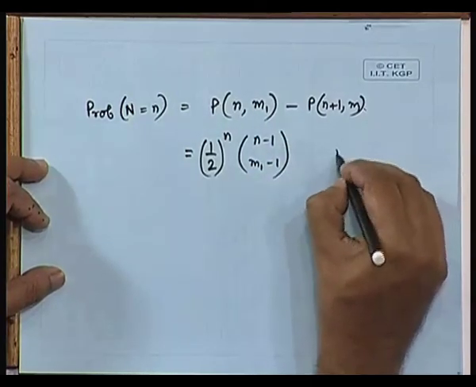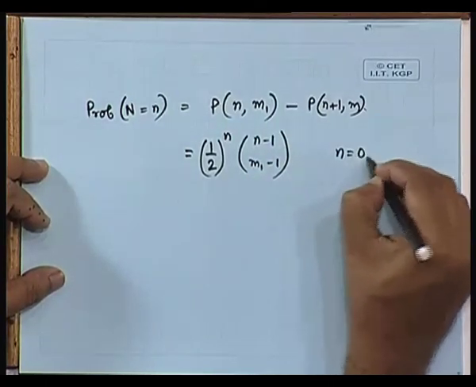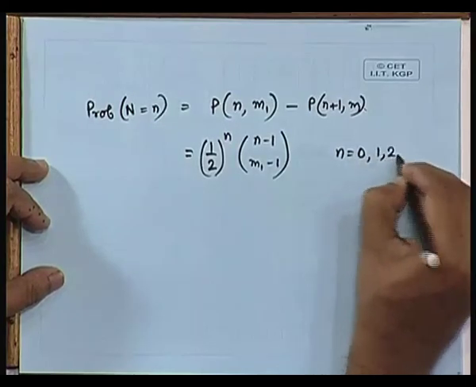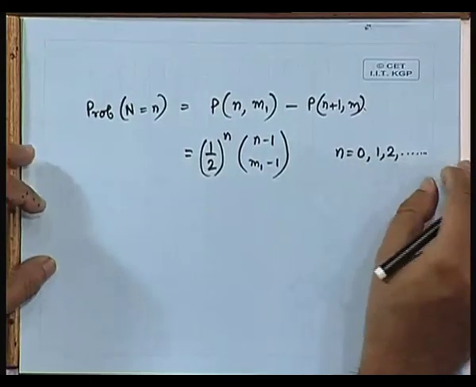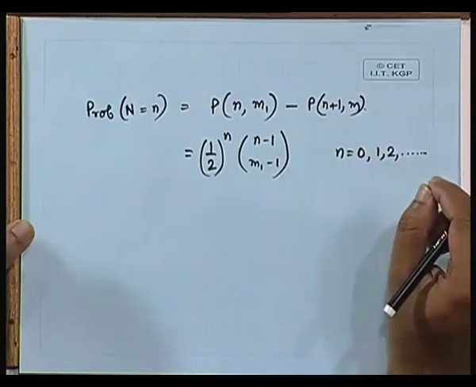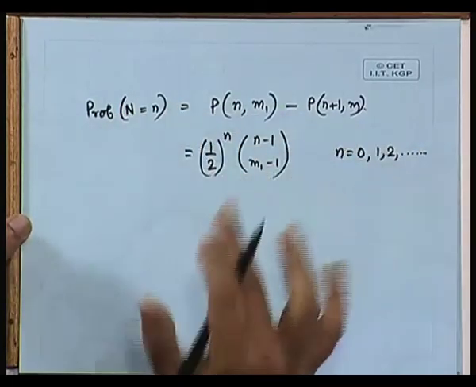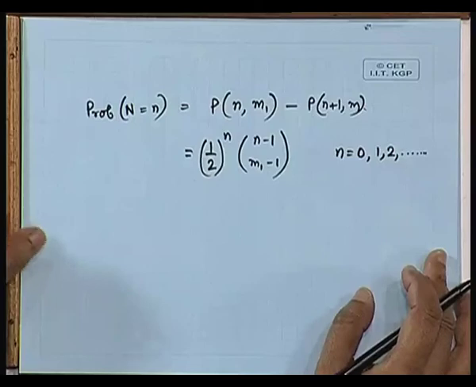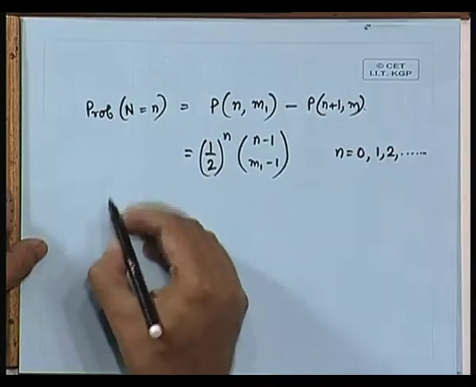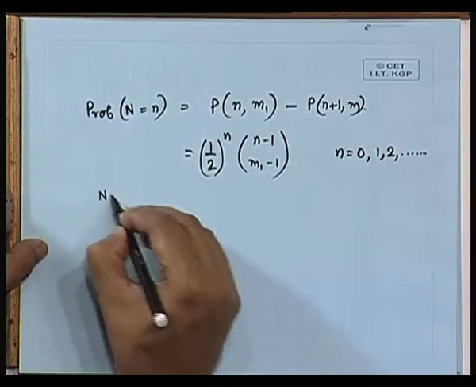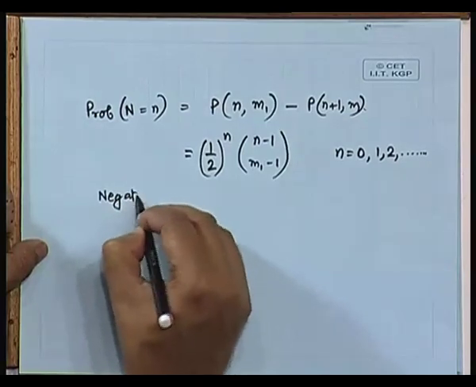And this will be defined for n equal to 0, 1, 2, etc. So, this is the probability that we are getting, and this expression that we have got has a negative binomial distribution.